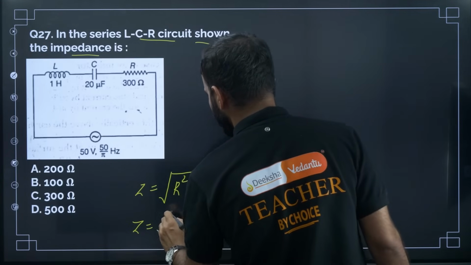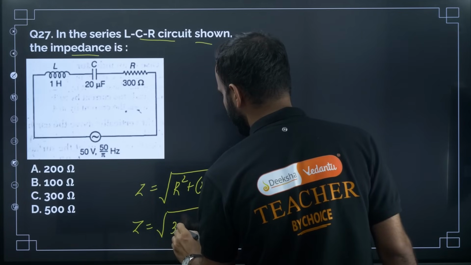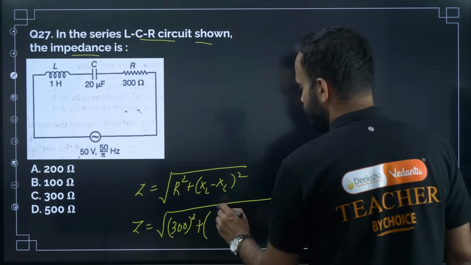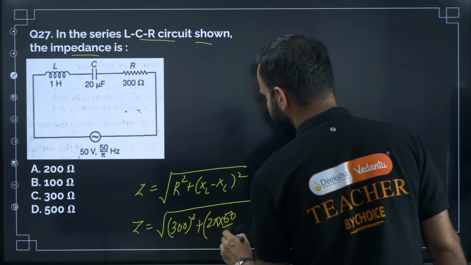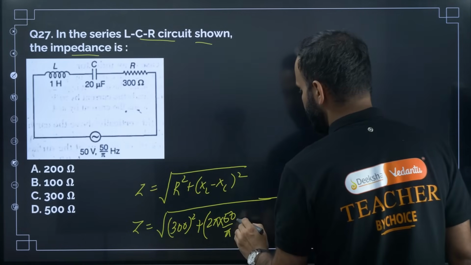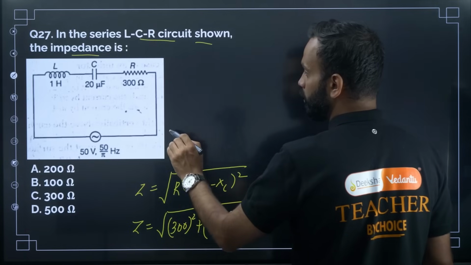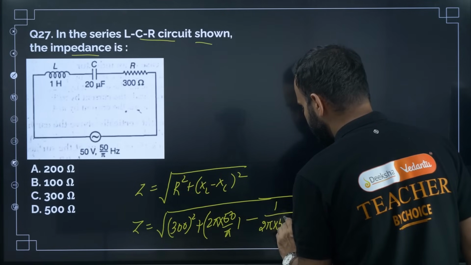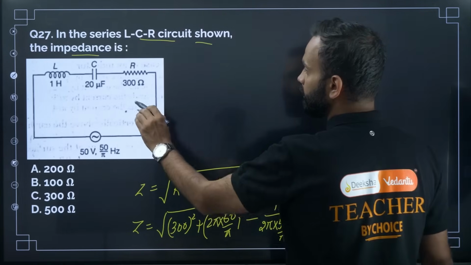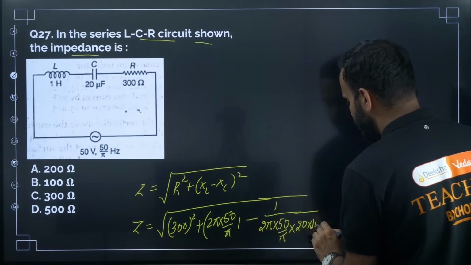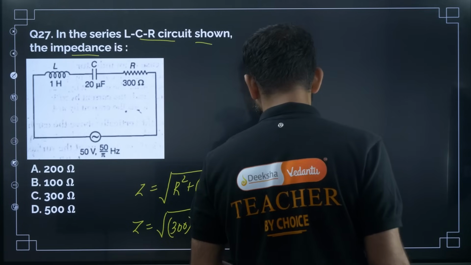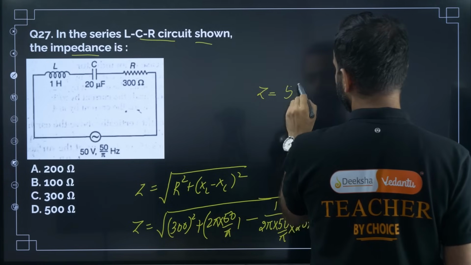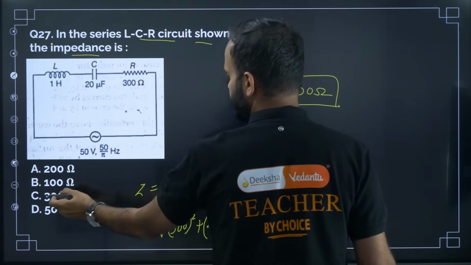So Z equal to root of R squared, that is 300 squared, plus XL, that is omega L, omega is 2 pi F, so 2 pi into 50 by pi, into L is 1, minus XC, that is 1 divided by omega C, omega is 2 pi into 50 by pi, C is 20 microfarad, 20 into 10 to the power minus 6. Solve this and you will get 500 ohm.